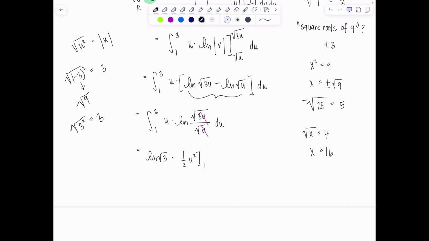Good, from 1 to 3. Even ln rad 3, that's ln 3 to the 1/2, so 1/2 ln 3, over 2, and then 3 squared, 9 minus 1, right? So that's 1/4 ln 3 times 8, so 2 ln 3. Nice? That's very slick.